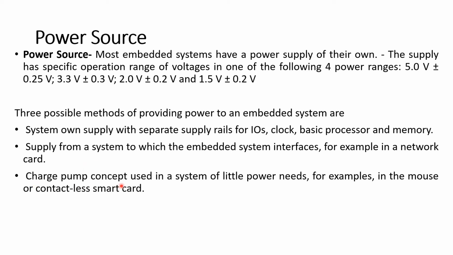For example, in an ATM machine, as soon as we insert the ATM card, it gets charged. That is an example of the charge pump concept, as is the mouse or the contactless smart card. So the three possible methods of providing power are given here.